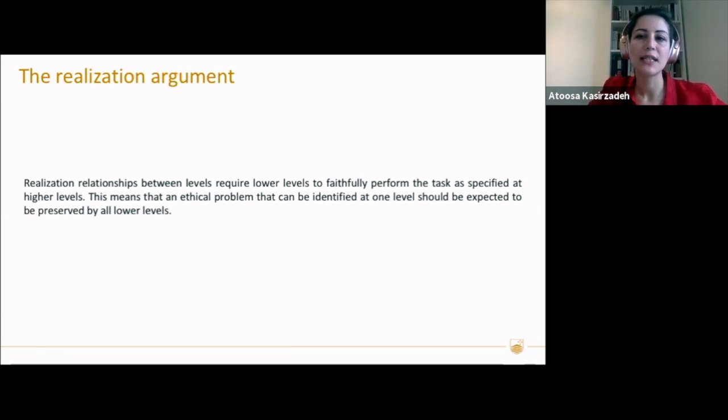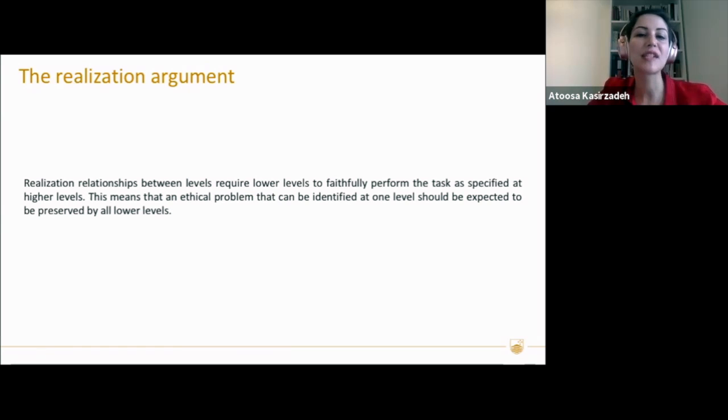In addition, because this realization relationship is one of asymmetric dependence, there is considerable flexibility in how any level is realized at a lower level. And this means that lower levels can still introduce new ethical problems. For example, with respect to a perfectly reasonable facial recognition algorithm, we can implement an ethical task that might still go astray if trained on a biased data set.